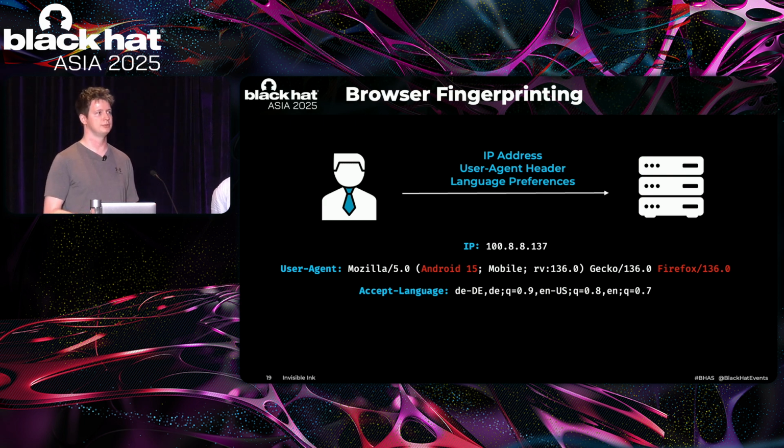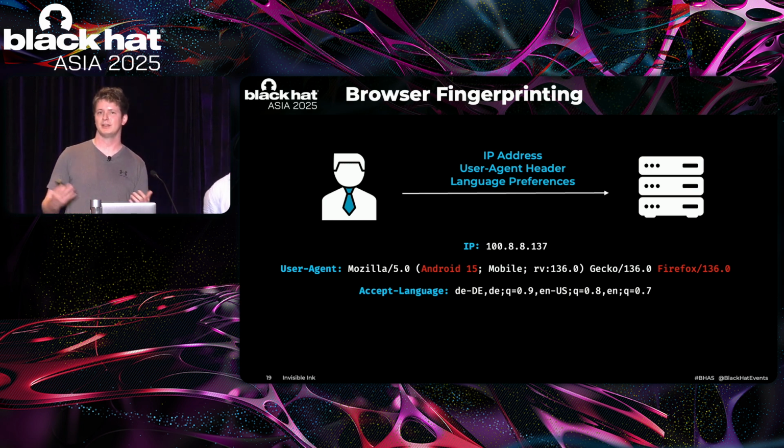So what you could do, that's the very simple variant of fingerprinting, is just take a look at this information and then say, okay, that looks like one user to me, and if anything changes here, that's clearly a different user. But the problem there is, for example, if we take this room here, and if everyone now tries to connect to the same server, we all share the same IP address because we're using the same wireless LAN here.